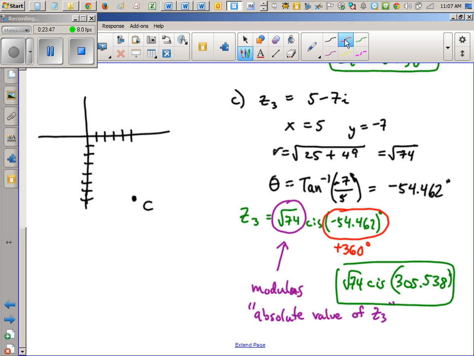And this angle has a name. You have to write it between 0 and 360. That's why I added 360. And this is called the argument. I almost lost my word there. The modulus and the argument.